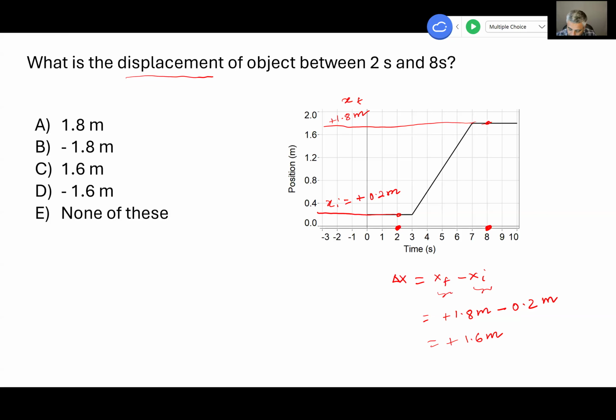If I were to draw a line connecting the two points, that is going to be the displacement. Okay. And if you want to find the average speed between these 2 points, then you can find the slope of that one. But here the question is only about displacement. So yes, C is the correct answer, just like most of you identified. Great.